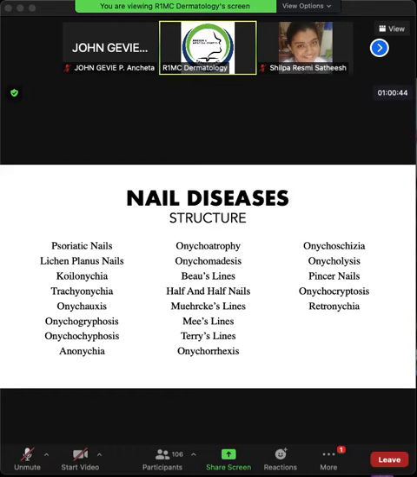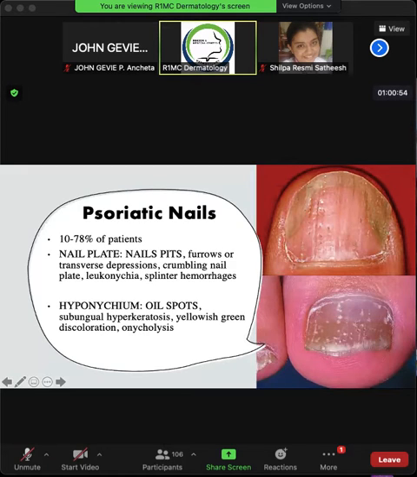So we move on to your nail diseases. So we have different nail structural diseases, and we start off with your psoriatic nails. So your nail involvement in patients with psoriasis is actually common with incidence varying from 10 to 78%.